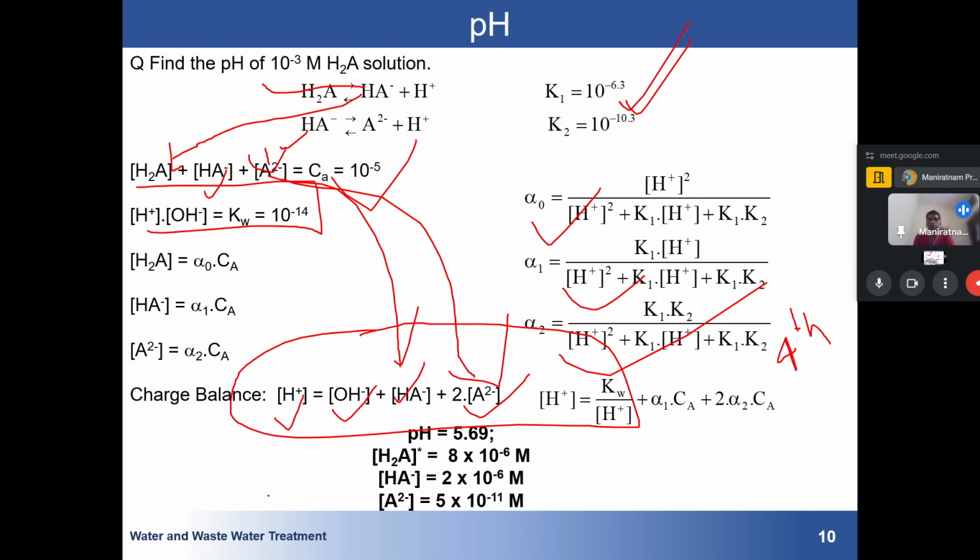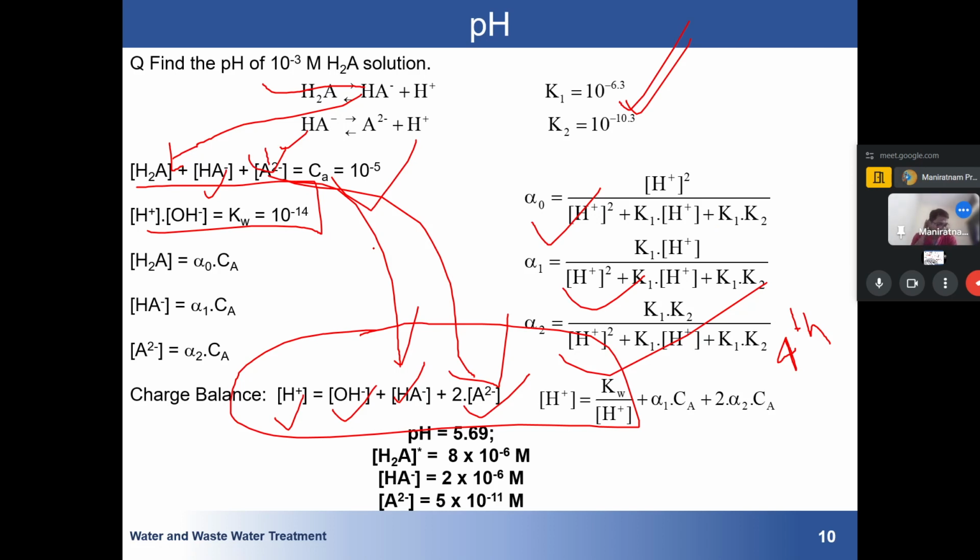If you use Excel you will get the pH as 5.69. Obviously from this equation H plus will be known, and from that H plus you can calculate the pH. And the H2A, HA minus and A2 minus can be calculated, because you know alpha 1, alpha 2, Ca and all these things. So you can calculate the concentration of H2A and the other species also.